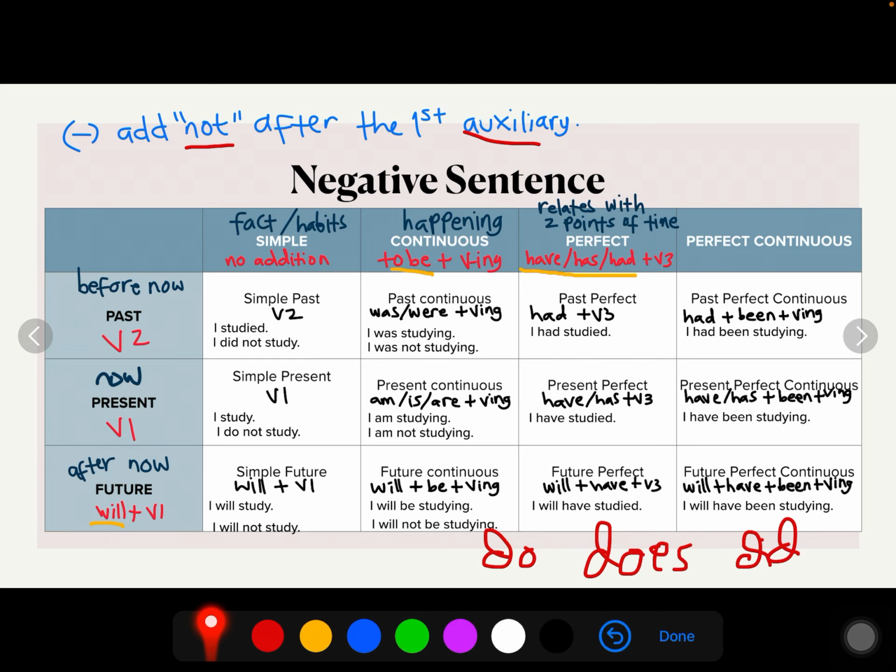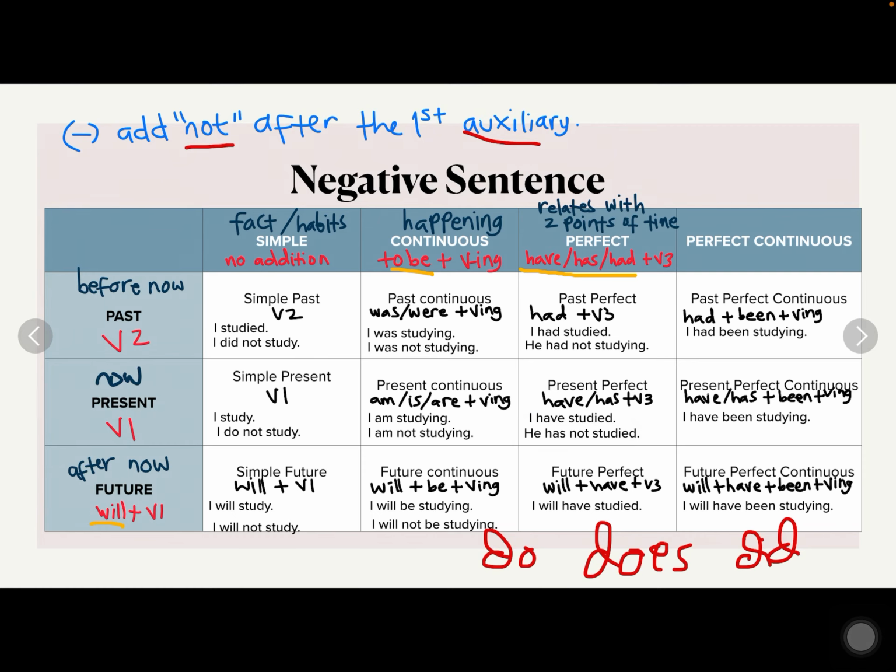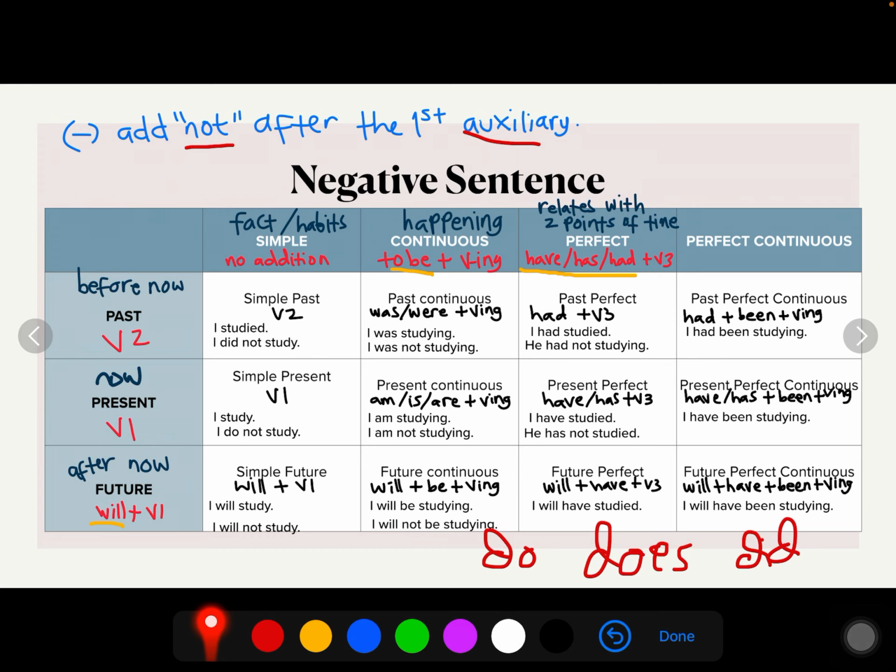On the next sentence, I had studied, the auxiliary is had, so we just need to add not after had. I had not studied, or he had not studied. And I have studied, we just add not after have. I have not studied, or he has not studied. And I will have studied, there are two auxiliaries here, will and have, so we just need to add not after the first auxiliary.